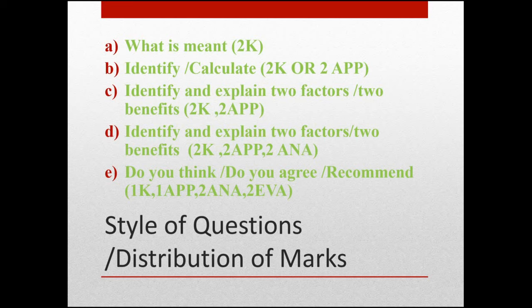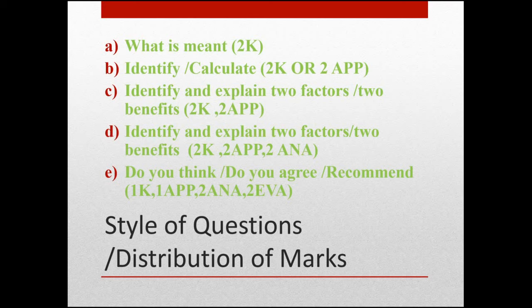You get them if you identify the two factors, and if you explain them, of course, by relating them to your context, you get the other 2 marks for application. In part D, it's also identify and explain, but here we have 6 marks. So it will be 2 for knowledge, for identification, 2 for analysis, and 2 for application, for proper explanation of the factor or the benefit or whatever.